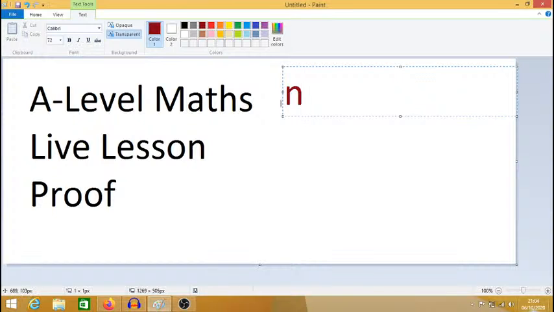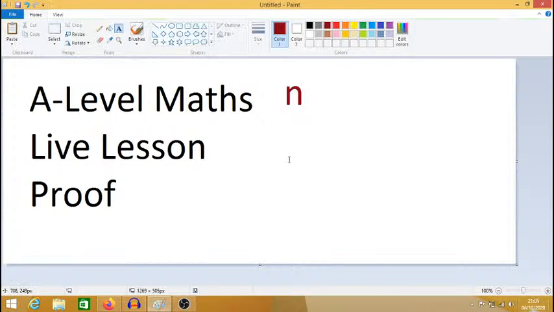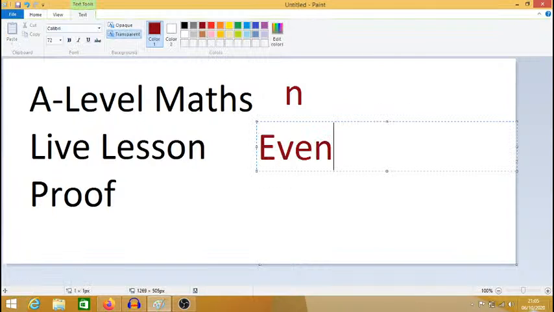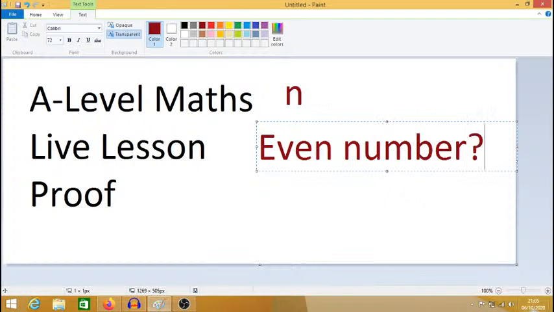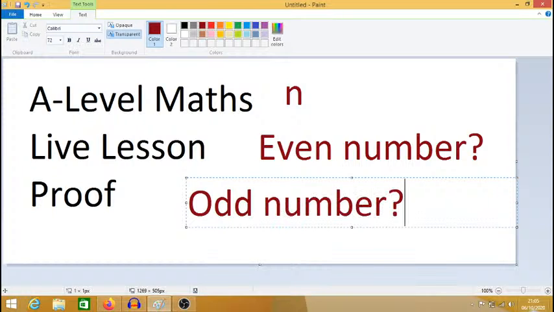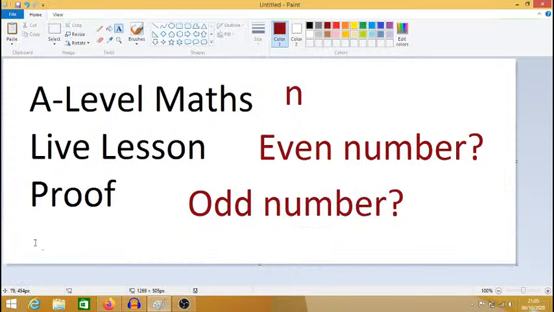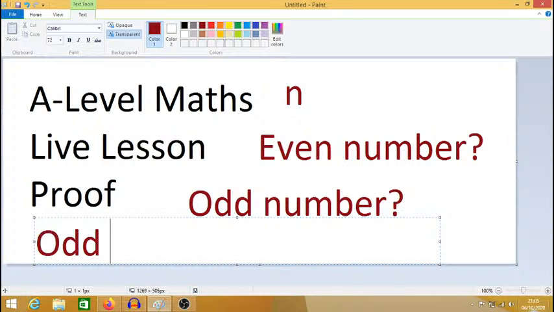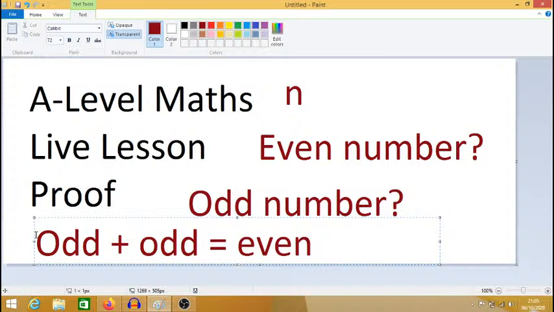So let's suppose n is a natural number, it's an integer, a whole number. Then the question for you is, can you write an expression for an even number based on the letter n? How about an odd number? And can you prove that an odd number plus an odd number would always equal an even number?